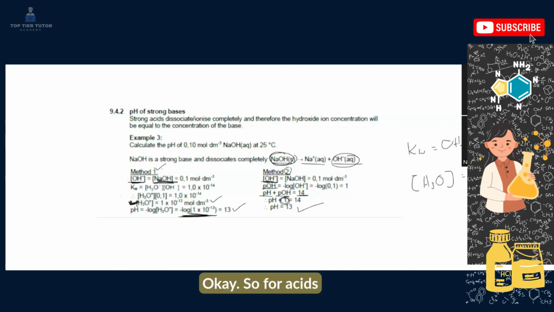Okay, so for acids and bases we are almost there. What we now need to look at is the properties that come with a weak acid and properties that come with a weak base, strong acids, strong bases.